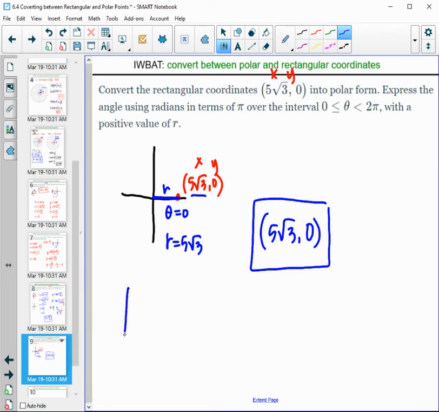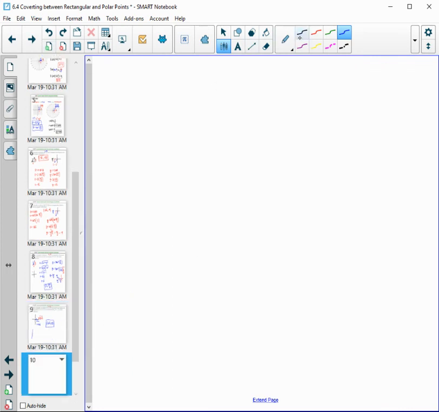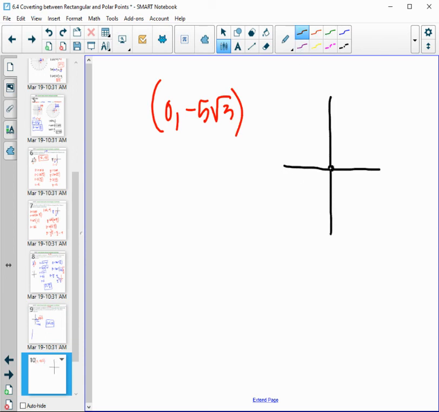Now, if that had been the point, let's do one more. If the rectangular point were, let's say, 0, negative 5 root 3, just use the same thing. So 0, negative 5 root 3, that would be down here. So the point would be right here.